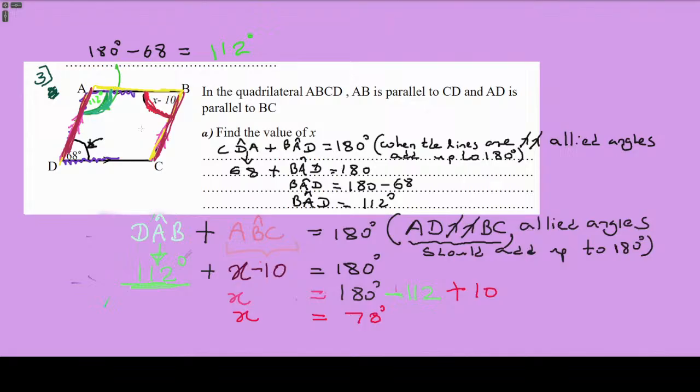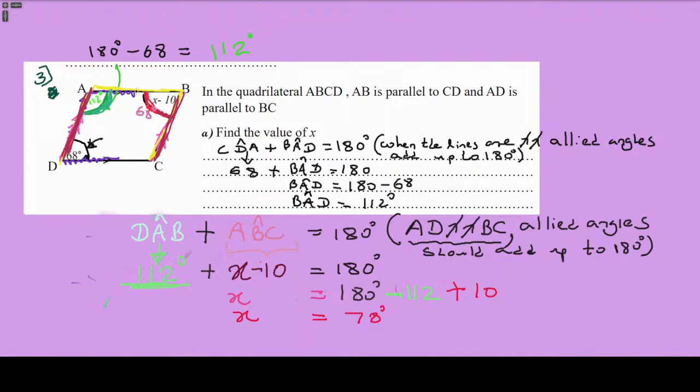In a parallelogram, opposite angles are equal. So if this black angle is 68, what should the red angle be? 68. I don't think most of your schools would have taught you this since you're in grade 9, right?